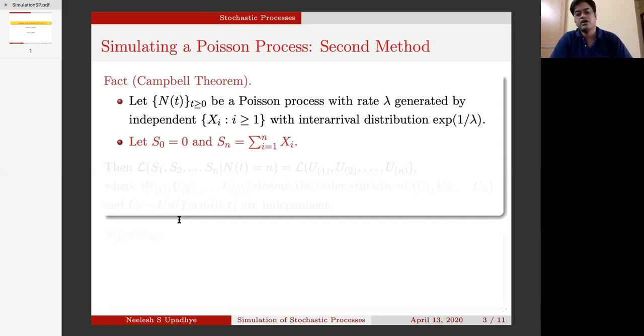Now they share a wonderful relationship given the value of a Poisson process.